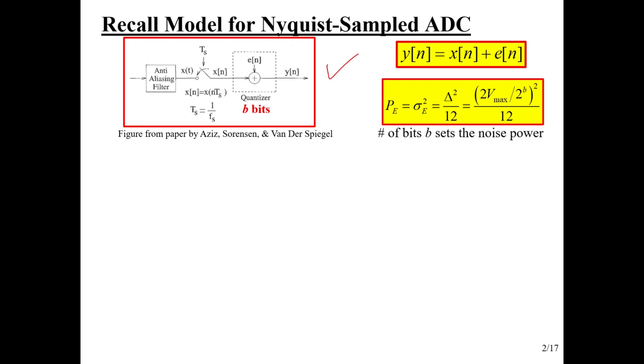Here's a picture from that paper that I'm basing this on. We've got an anti-aliasing filter out front. We know what that does. And here's our sampler. That's just grabbing the samples. And here is our additive noise model for the quantizer. So physically there's a quantizer there, but we've seen in the previous couple note sets that we can model that as additive noise.